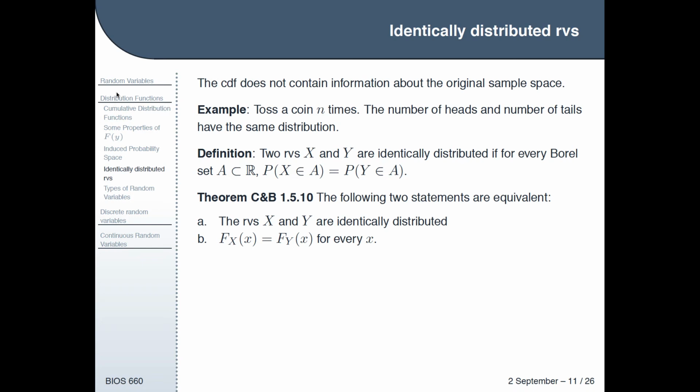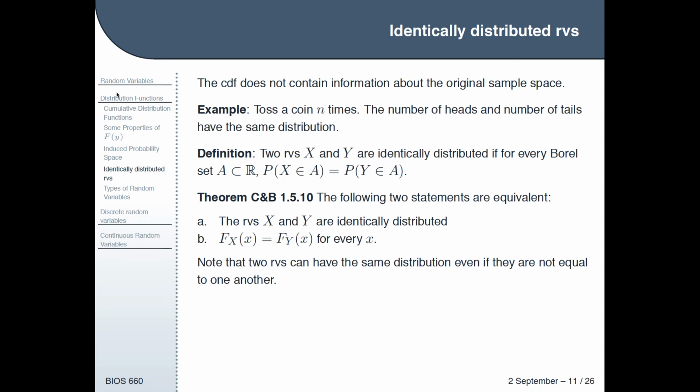If you're a master's student, you can just take my word for it that it's true. You may get to see the proof of it someday if you take 760. An important point here is that you can have two random variables that have the same distribution even if they're not equal to one another. The number of heads and the number of tails from the same coin toss have the same distribution, but they quite clearly are not equal to one another.